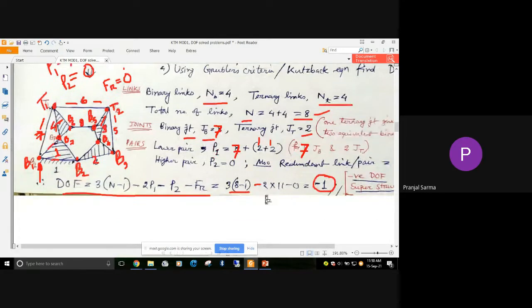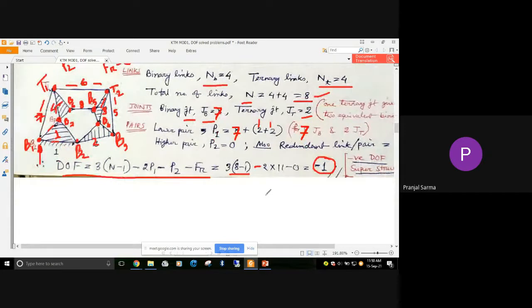Now, can the degree of freedom be negative? In the case of a normal mechanism, it will never be negative. But if the degree of freedom is negative, it means this particular structure is not a mechanism, but a superstructure, where we provide some extra constraints to be sure of it, so that it doesn't fail easily. So this is a superstructure.